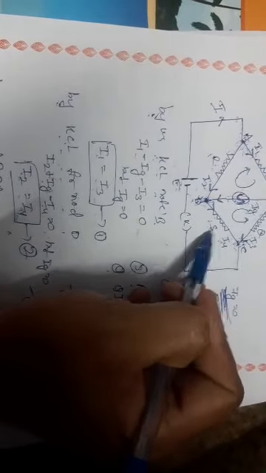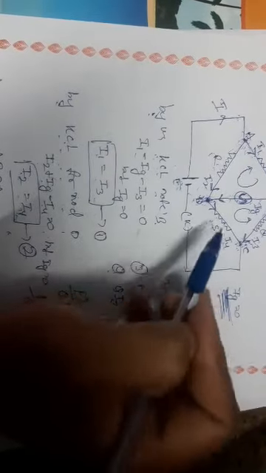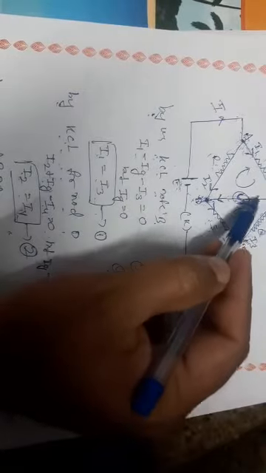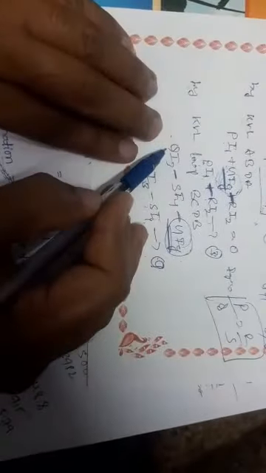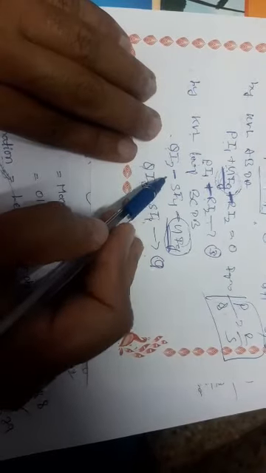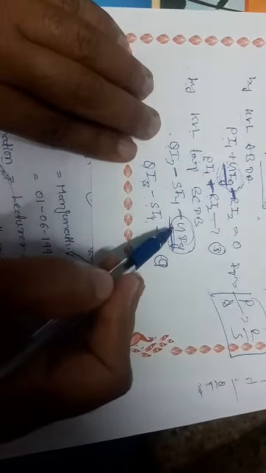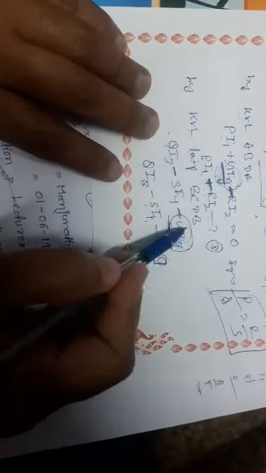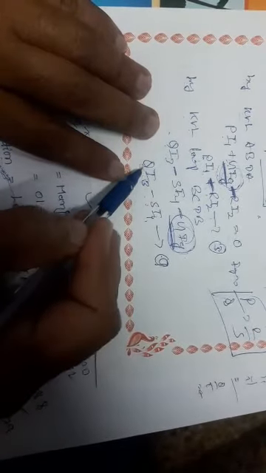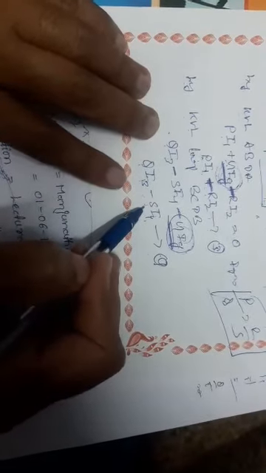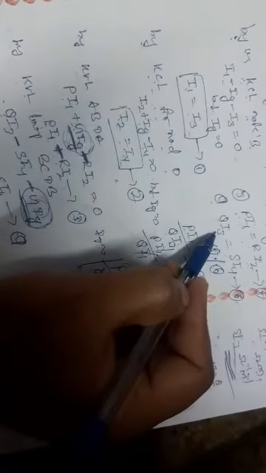The equation is I3Q minus I4S minus IgG. Since Ig is 0, I3Q minus I4S is zero, or I3Q is equal to I4S. That is equation number 3, and that is equation number 4.